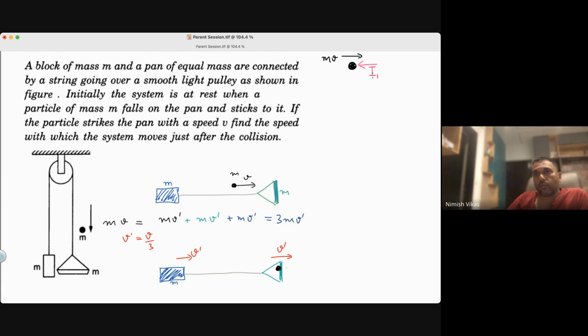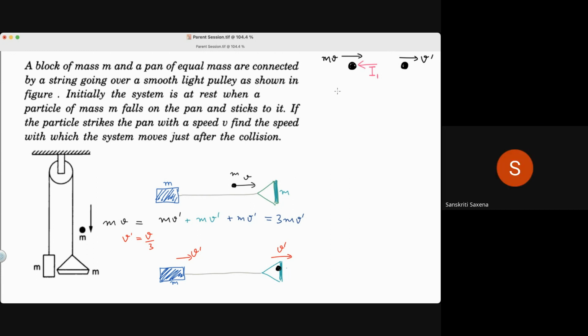And then what happens to the black body? The black body after some time is sticking to the pan and all, I don't care. And it is going with how much velocity? It is going with v dash velocity. So how do I write this equation? mv minus I is equal to mv dash.